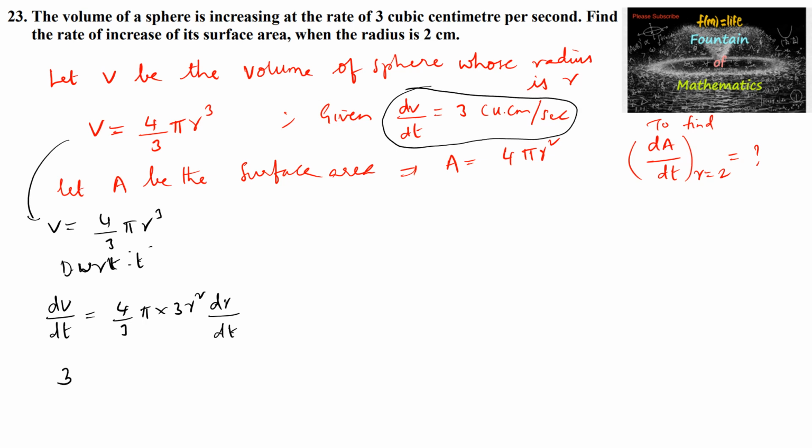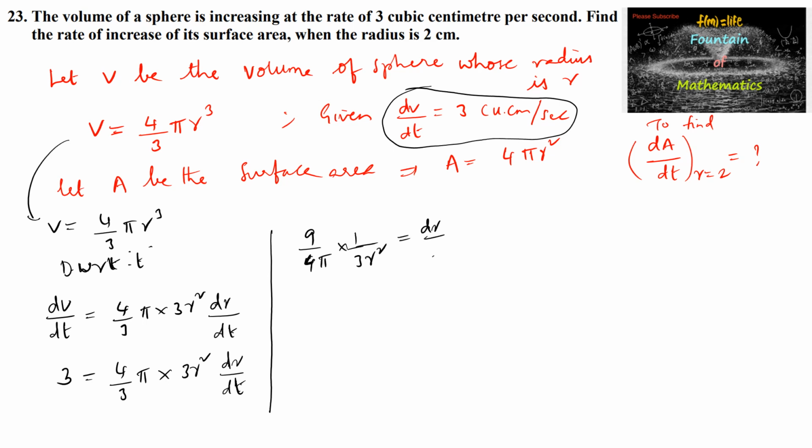So we can write 3 is equal to 4 by 3 pi into 3 r square dr by dt. That is 9 by 4 pi into 1 by 3 r square is equal to dr by dt, or we can write 3 by 4 pi r square is equal to dr by dt.